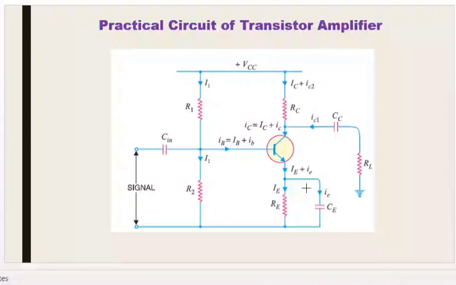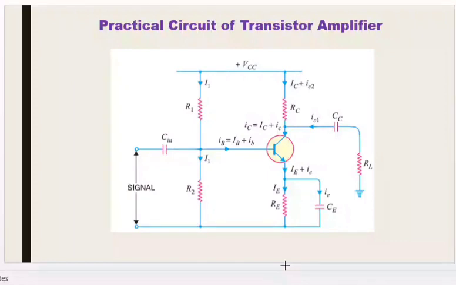In the collector terminal, there is a resistance, that is RC. Here we have connected CC. If this CC is not connected, the bias condition of the next stage will be affected; the output current will flow through the RC, and RC will drop the current.